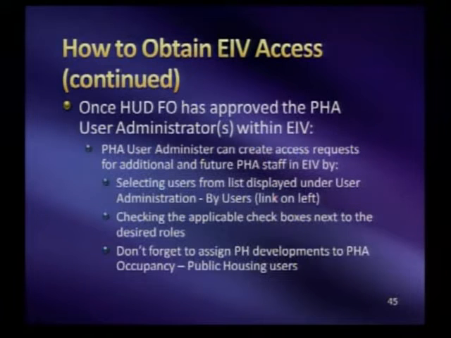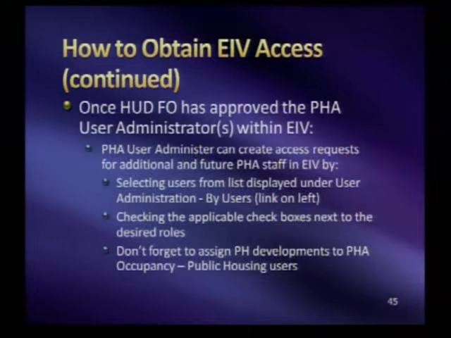Your user administrator then has the ability to go into EIV, and for any user ID or WAS ID that's listed, they can begin to assign roles as requested or authorized on that HUD Form 52676. Basically, the user administrator is generating an electronic request for the local HUD office to approve your staff's access, okay?